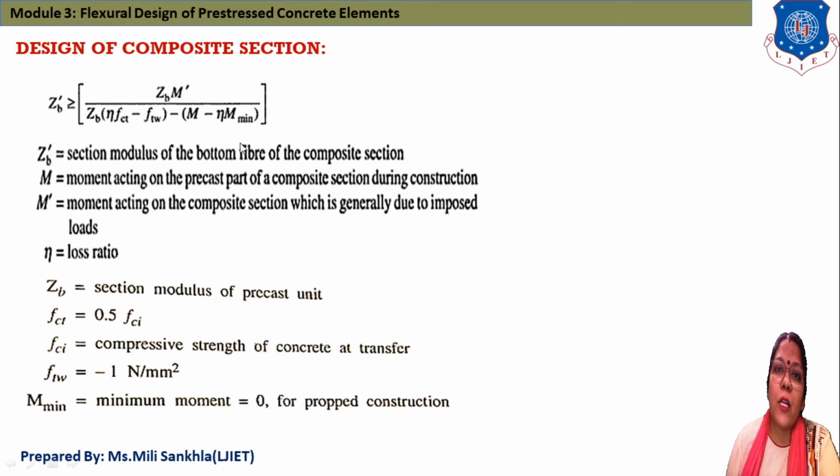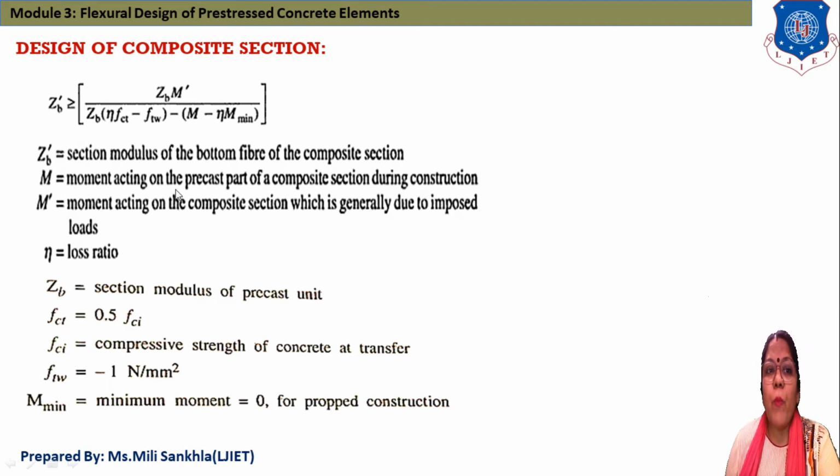Now we understand the full form of each term. First, what is Z'b? Z'b is the section modulus of the bottom fiber of the composite section. In the composite section, the top fiber is cast in situ and the bottom fiber is precast.